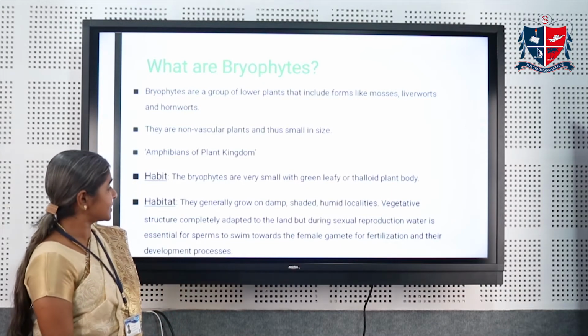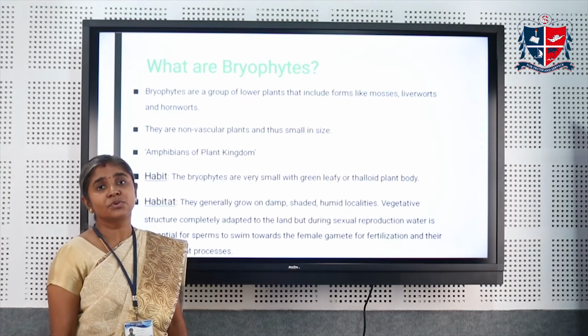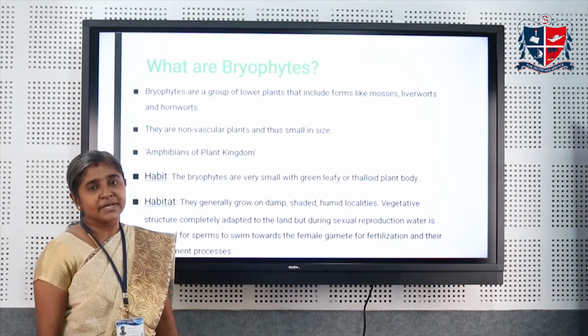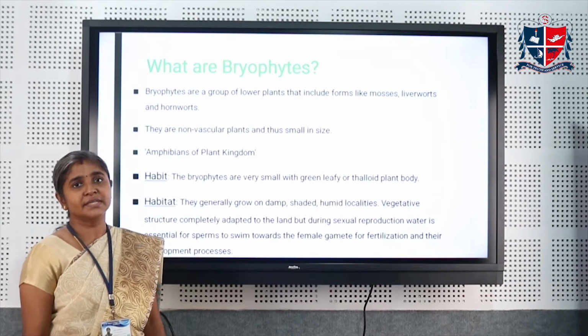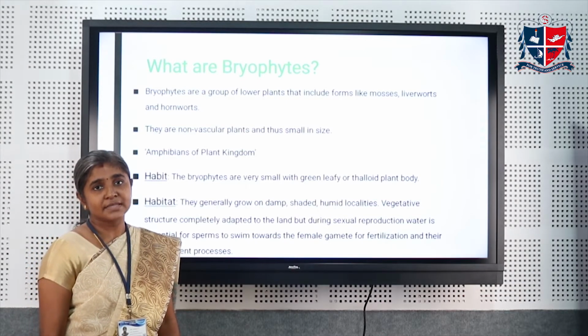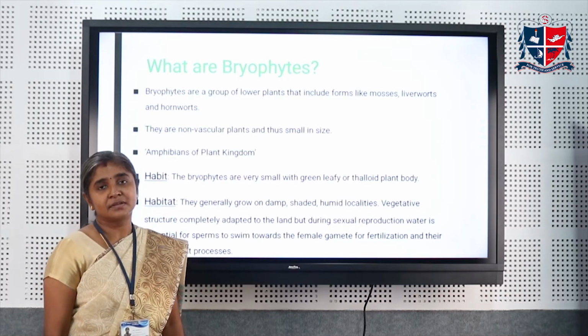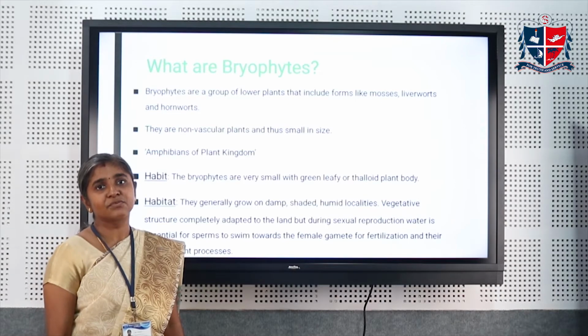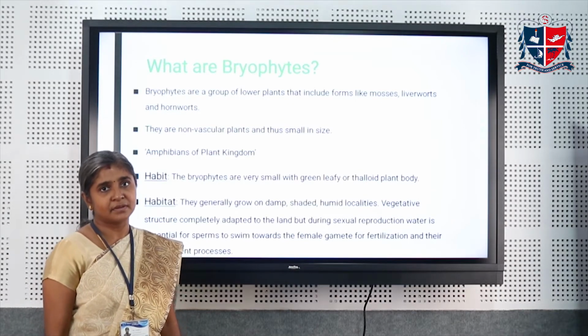The vegetative structure is completely adapted to grow in terrestrial conditions, but when it comes to sexual reproduction, there is a requirement of water. Water is required so that the male gamete can swim to the female gamete and fertilization can happen.